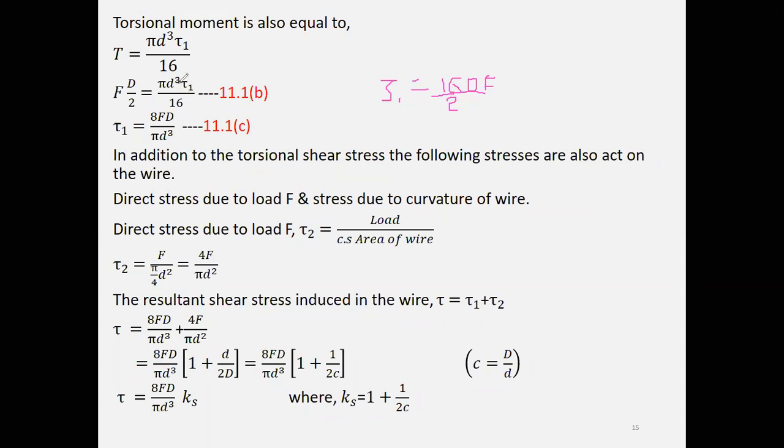Take this term to the denominator, it will be pi d cube. Two ones are 8s are 16, therefore the remaining is 8 F d divided by pi d cube. This is the required equation, that is the torsional shear stress which you will be obtaining. It is there in the data handbook as equation 11.1c.